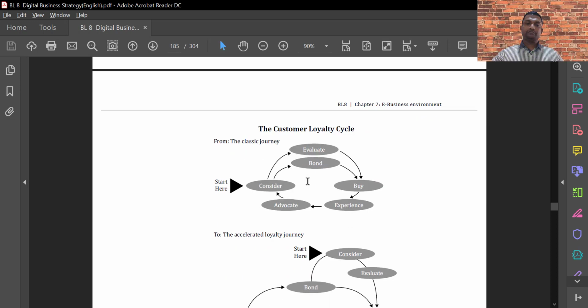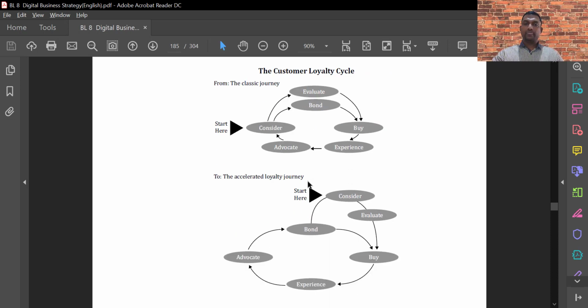The classic customer loyalty cycle is: consider, then evaluate and bond at the same time, then buy the product, experience the product, and then advocate.